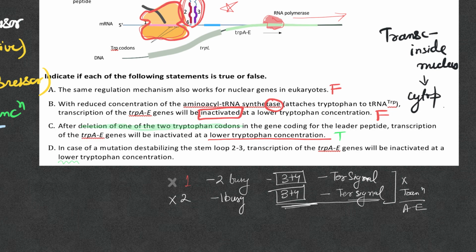But the mutation is destabilizing the stem loop 2 and 3. What does that mean? That means 3 and 4 will be formed. If 3 and 4 are formed, there will be a termination signal, and if there is a termination signal, we will not have transcription. Fair enough? So that means the option D, will be inactivated, is true.